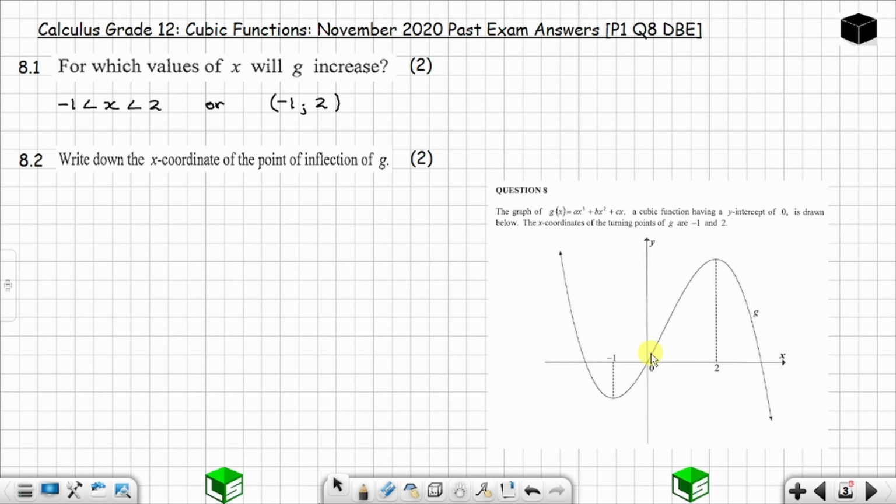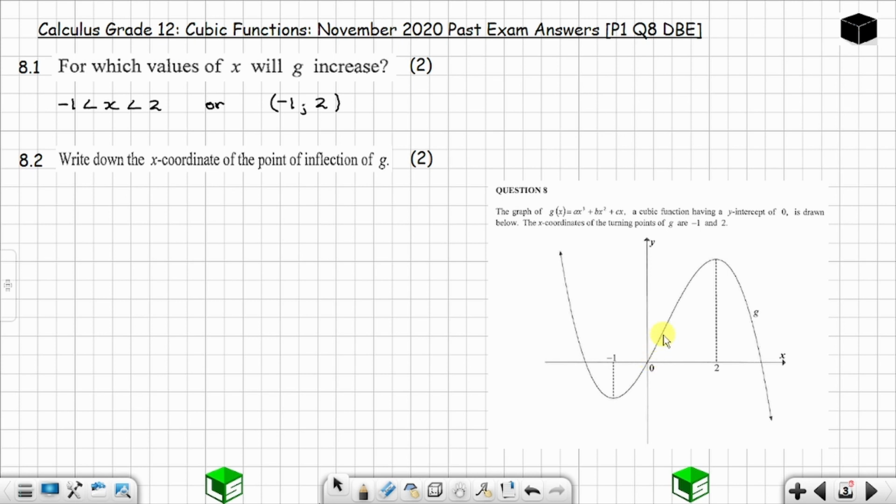The change in concavity will be found in between the x coordinates of the two turning points, from -1 to 2. So the x coordinate of the point of inflection is halfway in between the 2 points. Don't make the mistake of saying the change in concavity is happening at 0. You have to find it.